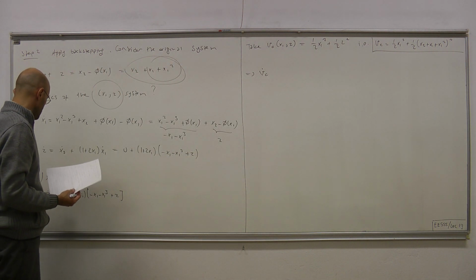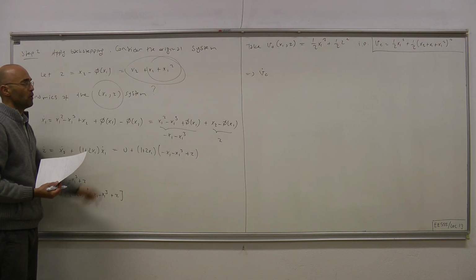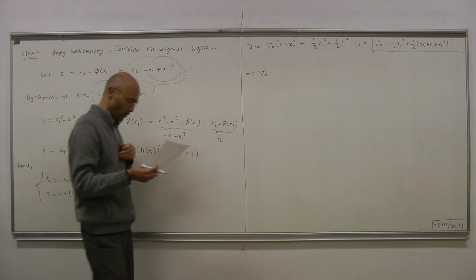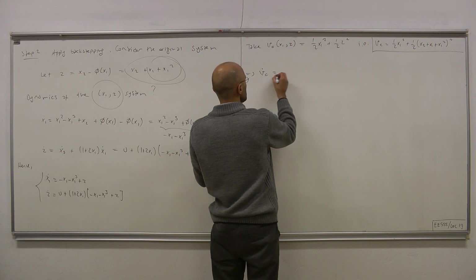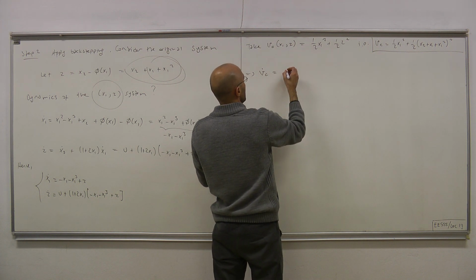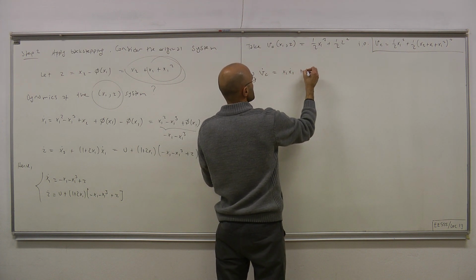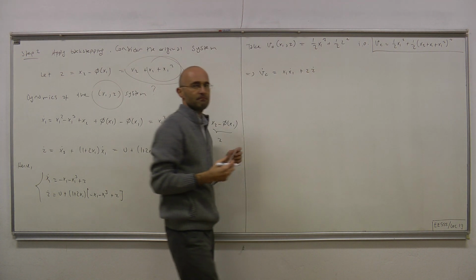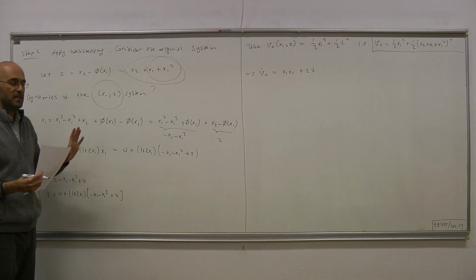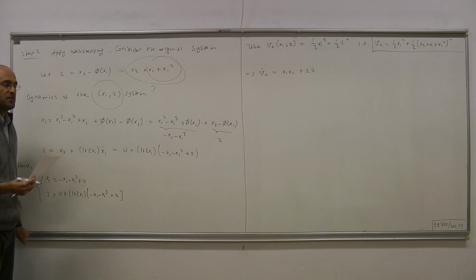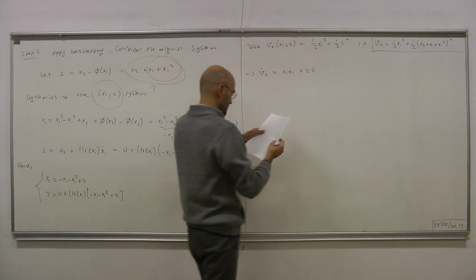To see how to pick that proper u, we have to write Vc dot in its open form. So Vc dot equals x1 x1 dot plus z z dot, and we have everything we need. This is x1 dot and this is z dot, so let's write them down.